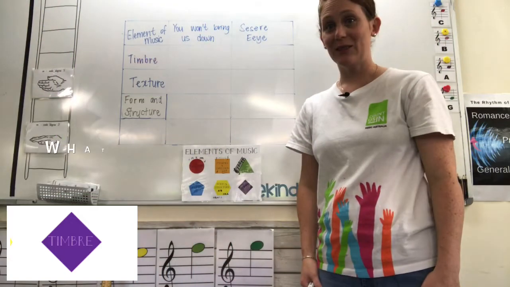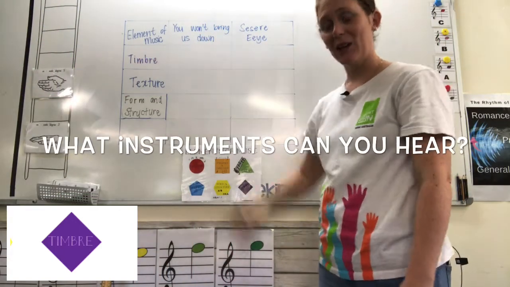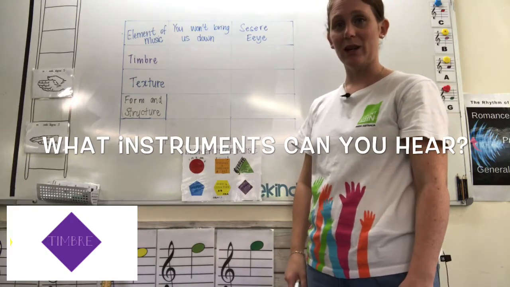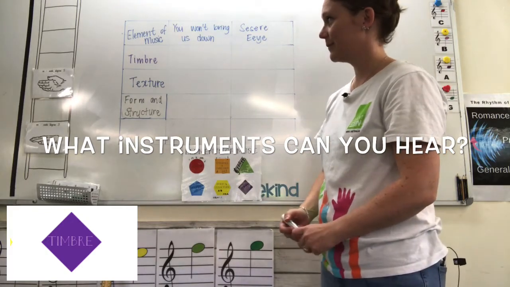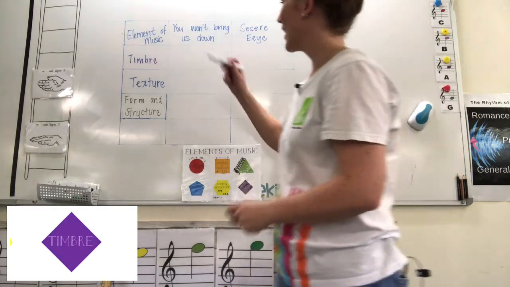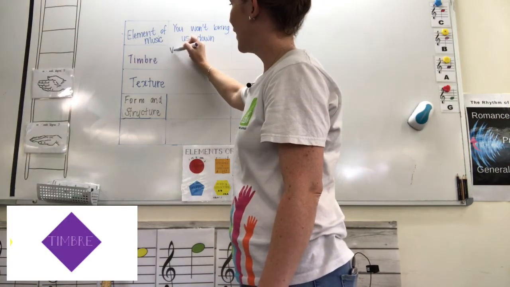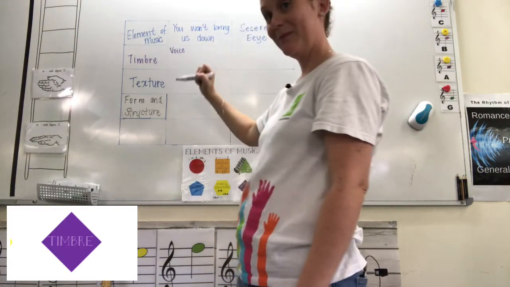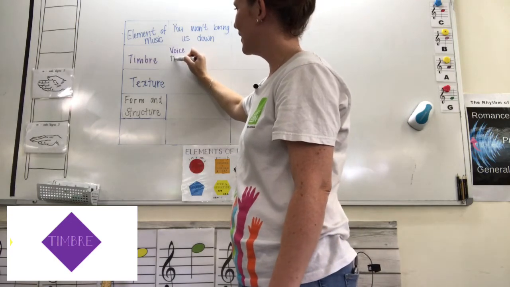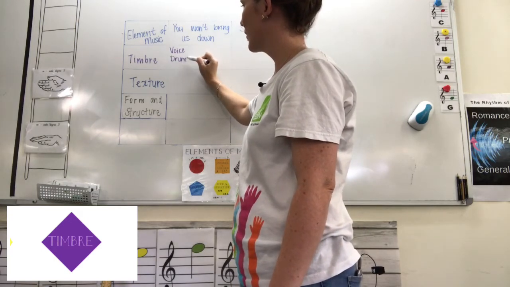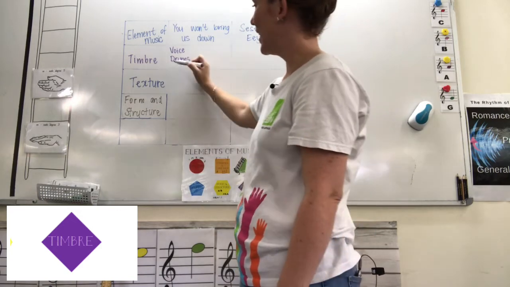So now we've had a listen to our song, what timbre can you hear? What instruments can you hear in this song? I can hear a voice. I can hear some drums. I can hear a bass guitar.